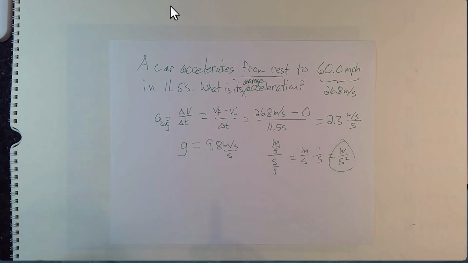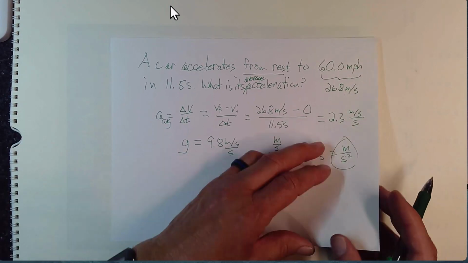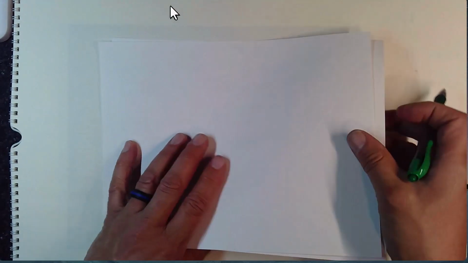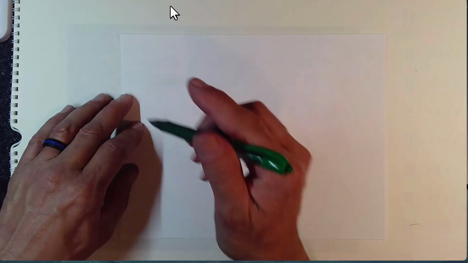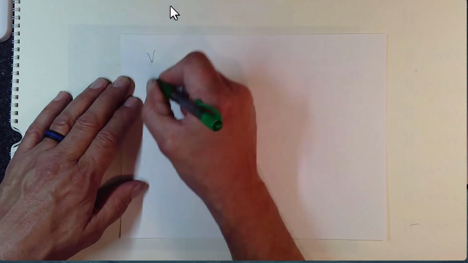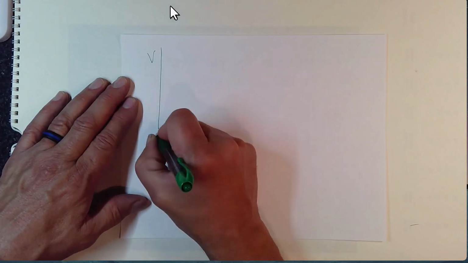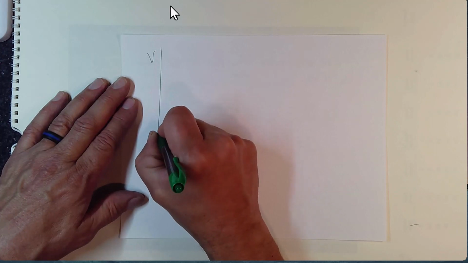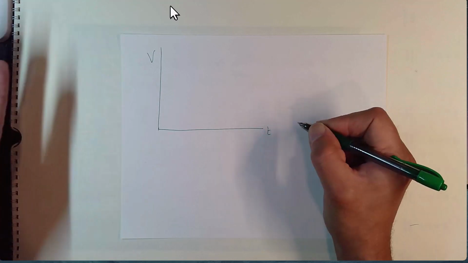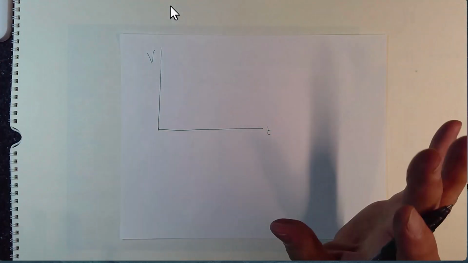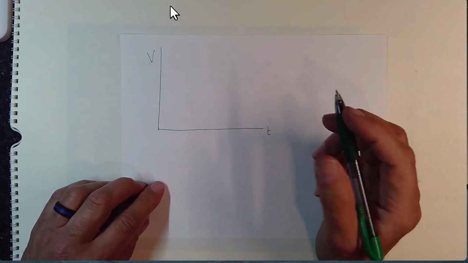Okay, so that's just a real simple acceleration problem. Let's go back to a velocity versus time graph. Velocity on the vertical axis and time on the horizontal axis. And this could be time in seconds or anything like that, but I'm not actually going to worry about that much.